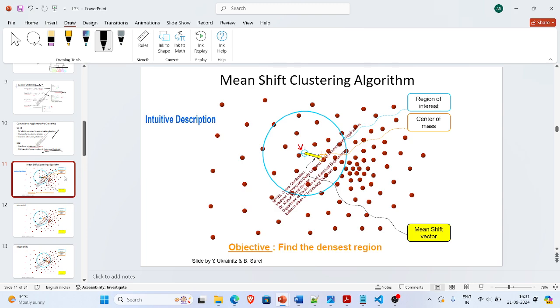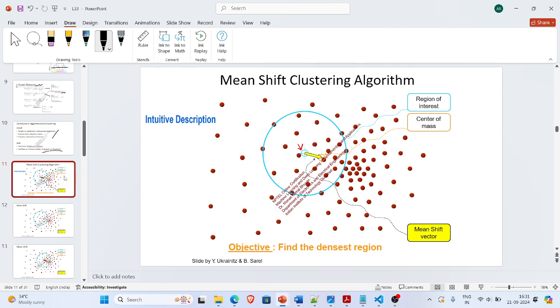Next we are focusing on this mean shift clustering algorithm. So what is the point of view here? First we are taking a region of interest.